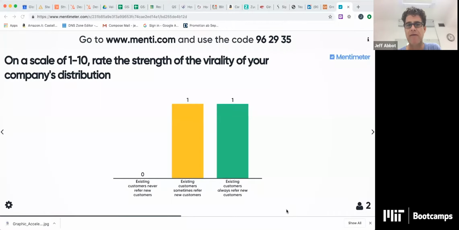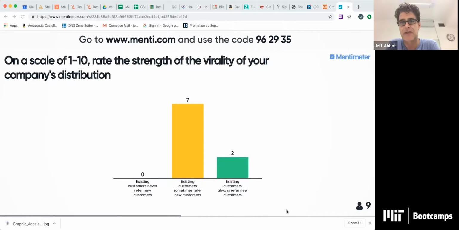So if you have a situation where existing customers never refer new customers, or if there's something about your business that makes that very unlikely, something about the business model itself, that perhaps you're only selling confidentially to highly secretive customers or something of the sort, that might be interesting to know. Existing customers sometimes refer new customers, and in some cases, we're getting responses that they always refer new customers.